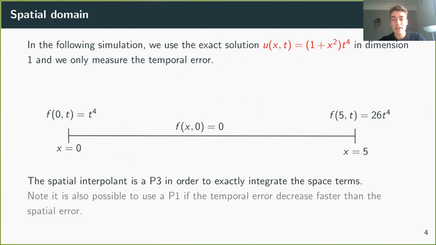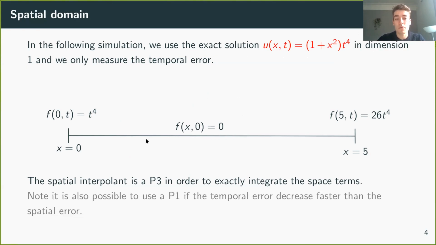About the domain, we're going to use a one-dimensional domain with a very simple solution. This exact solution is simple, but in fact, it sheds light on every problem that we can have, because it also works with harder problems after.